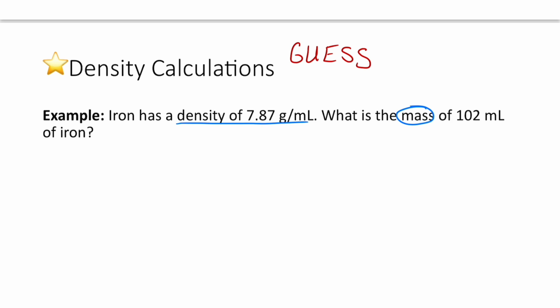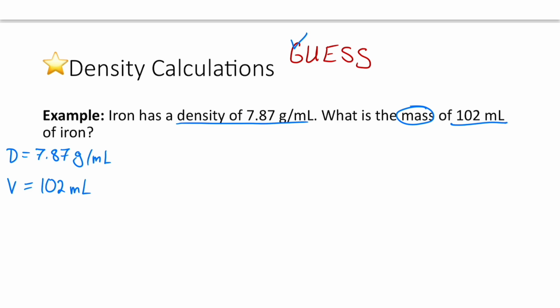What is the mass of 102 milliliters of iron? First, we start with the givens, right? They told us the density of iron, 7.87 grams per milliliter. They told us the volume of iron. They said 102 milliliters. So, givens are complete.